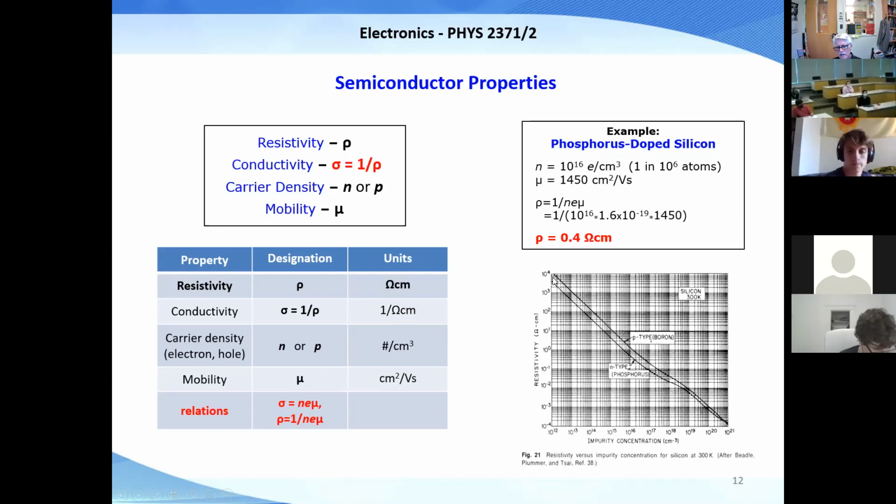The fact that it's a log-log plot and it's linear means it's a power law, and this power law has a slope of minus 1. That just says that resistivity and impurity concentration are reciprocal.